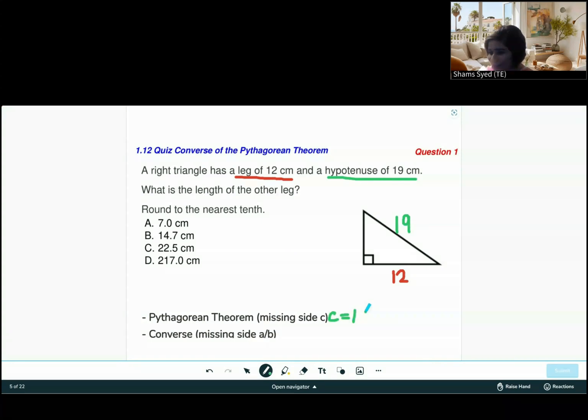When C is given, you're not using the Pythagorean theorem, you're not adding. In fact, you are using the converse, which involves subtracting.